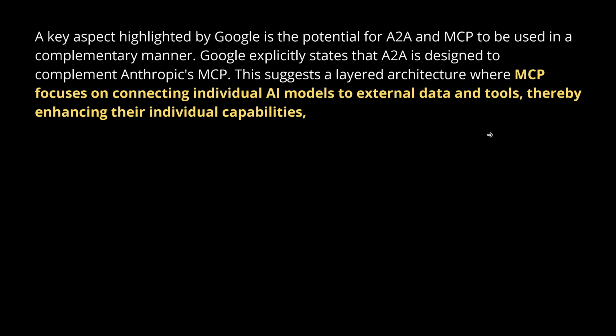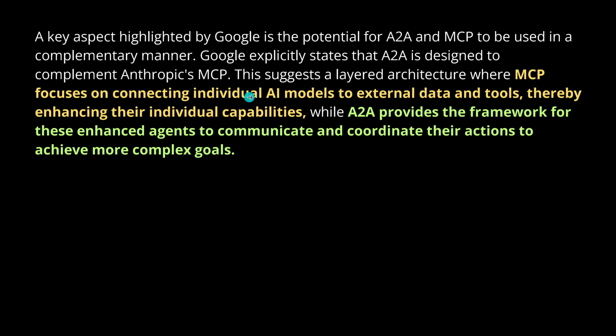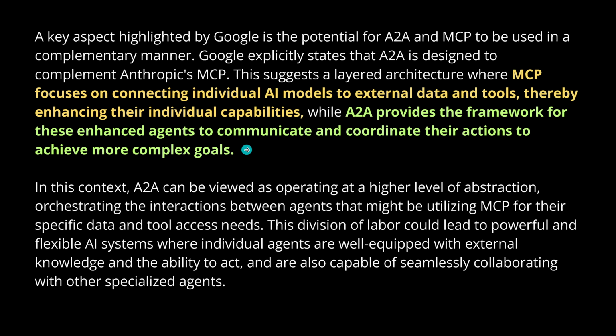Yep. What we have, MCP focusing on connecting individual AI models, LLM, to external data and tools, thereby enhancing now the LLM capabilities, while A2A provides the framework for those enhanced agents to communicate and coordinate their action between the agents for more complex goals. We see clearly differentiated. Let's come to an end.